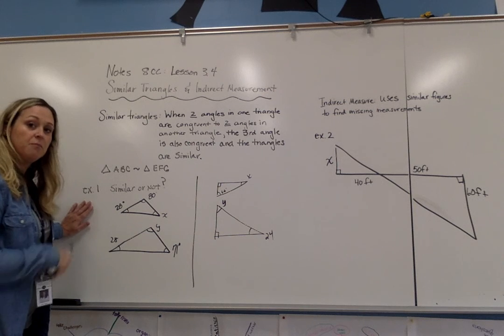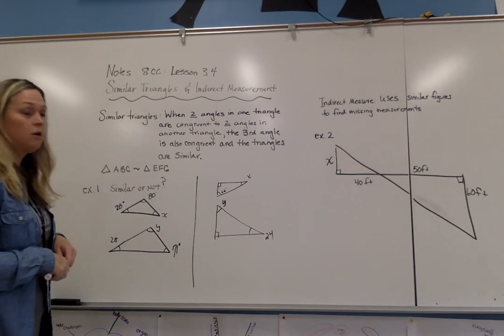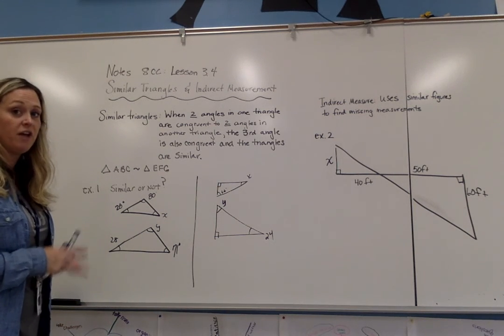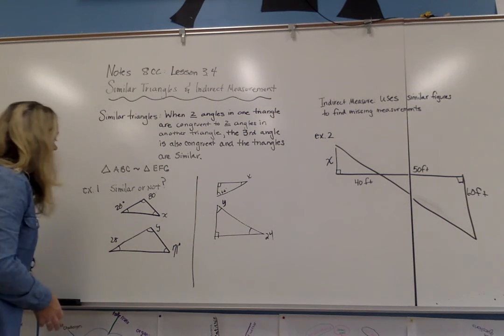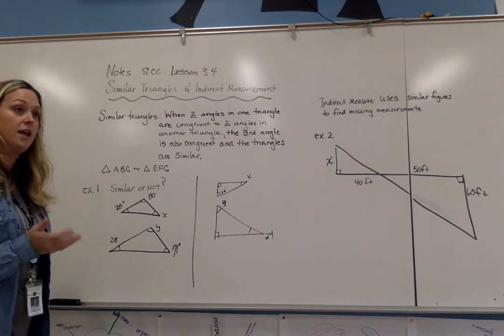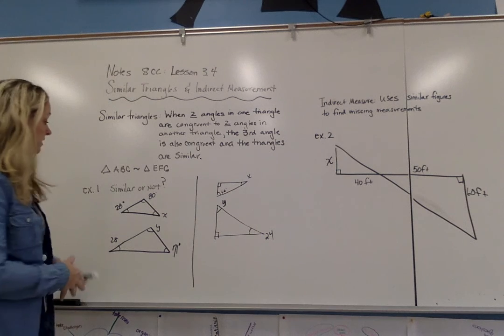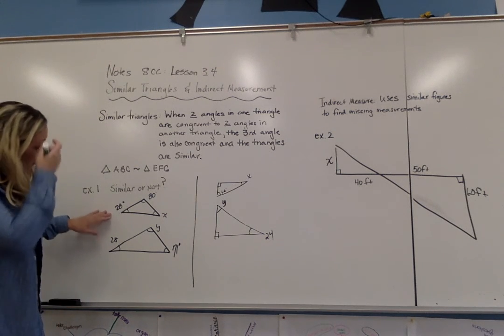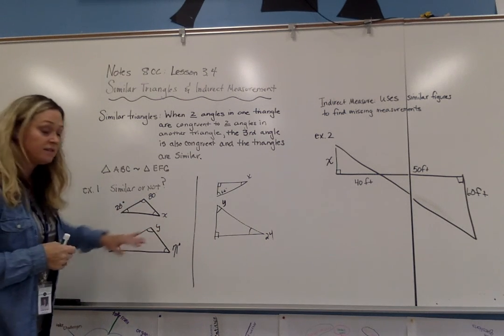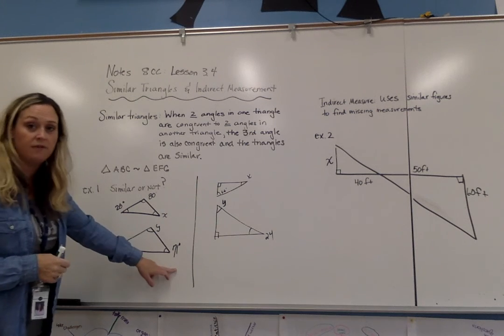In the first example, there are two sets of triangles, and we're going to try to identify if those triangles are similar by going ahead and comparing their angle measurements. In the first triangle, they are given 28, 80, and x, and the second one, 28, y, and 71.